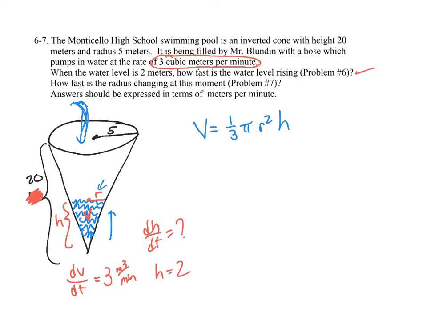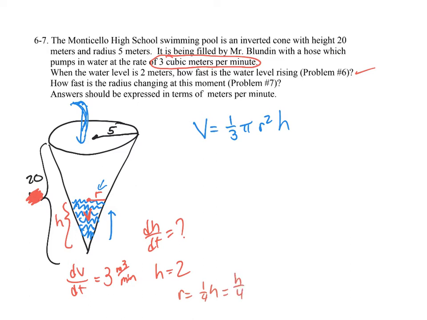But you'll notice that the blue water is going to be similar to or proportional to the entire container. So if the height of the container is 20 when the radius is 5, that means that the radius is 1/4 of the height. So I can write a relationship between the radius and the height: r equals 1/4 h, or better known as h over 4.